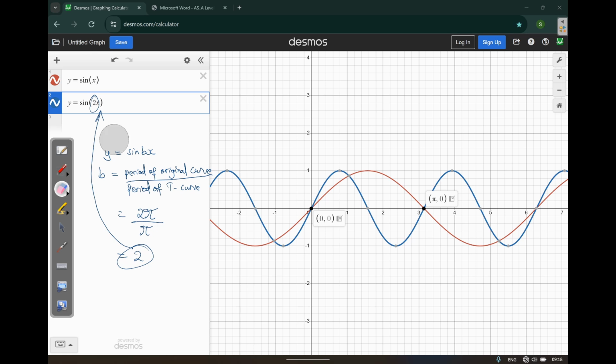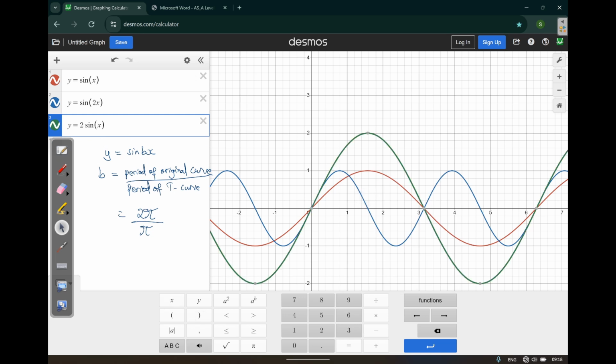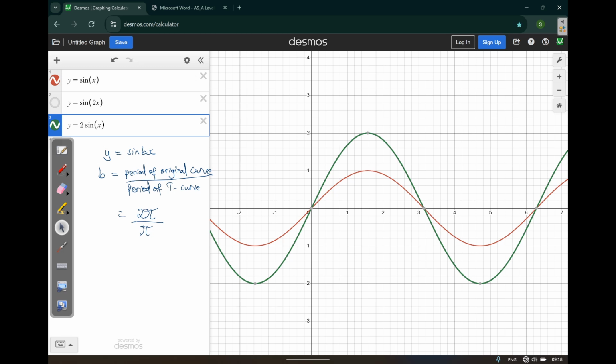Then also, when we transform this one, let's use stretching. Stretching is just multiplication. Now, let's say y is equal to 2 sine of x. Now, I want you to look at the amplitude.